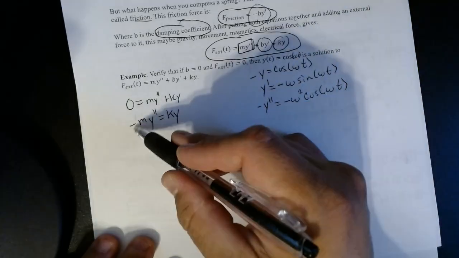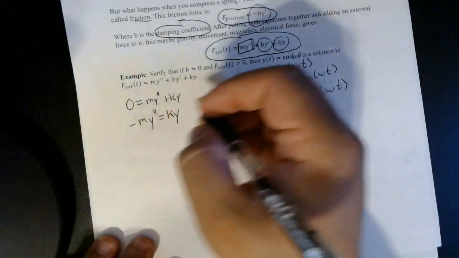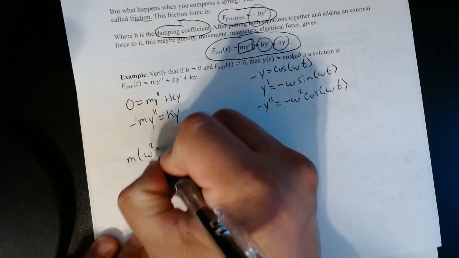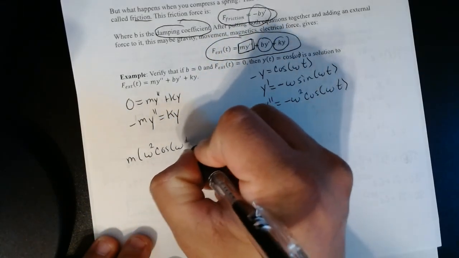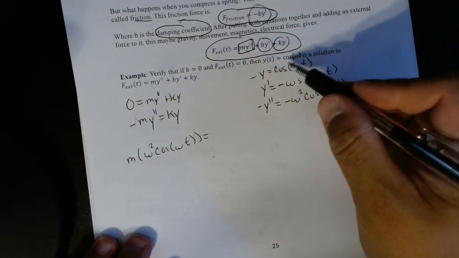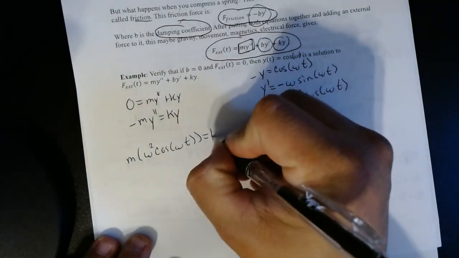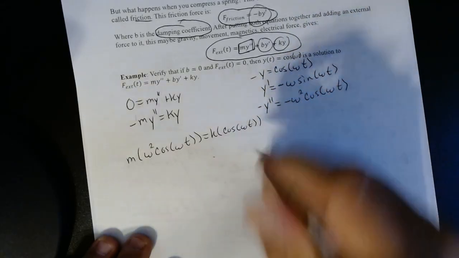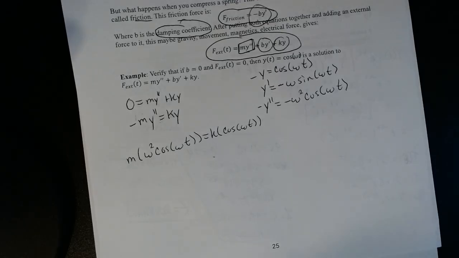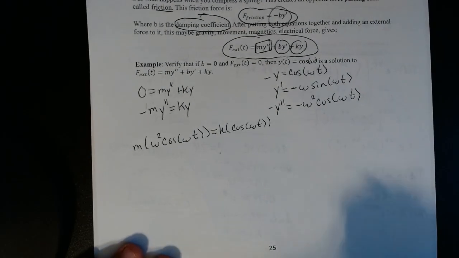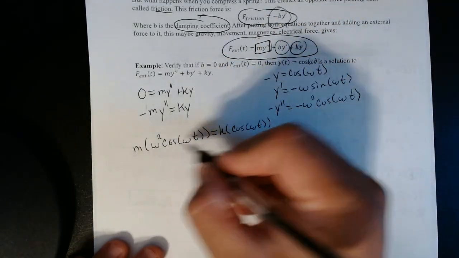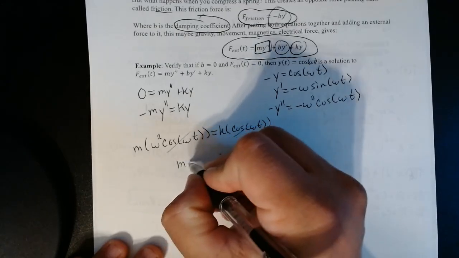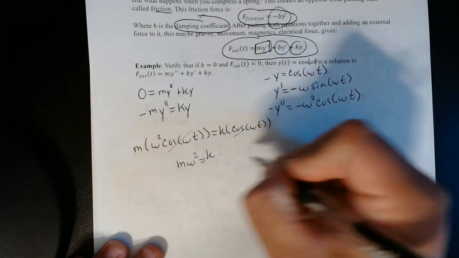Plugging this in, it's going to be negative m times all of this. Negative, negative, make it positive. And this times k. If I divide everything by cosine omega t, these cancel each other out, and we're just left with m omega squared is equal to k.